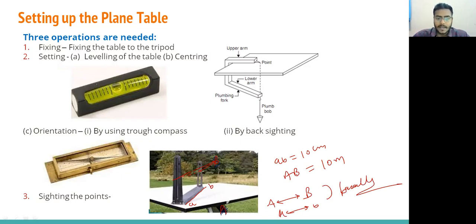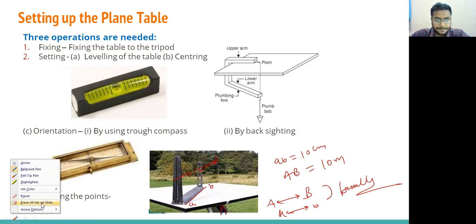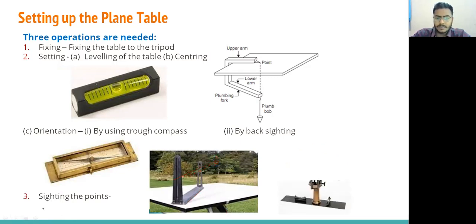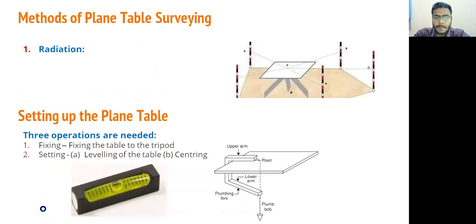Then we can change the plane table to the position at B, and locate C. Then we can sight C from B. This whole procedure is called sighting. We have to locate the station on the sheet, and then we can draw. By telescopic alidade also we can do this sighting.